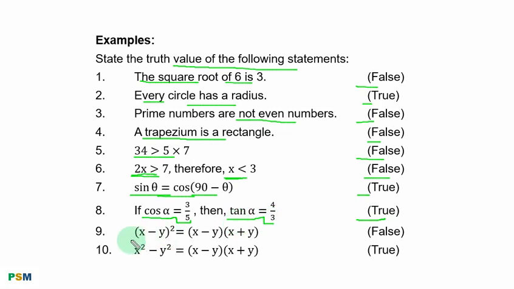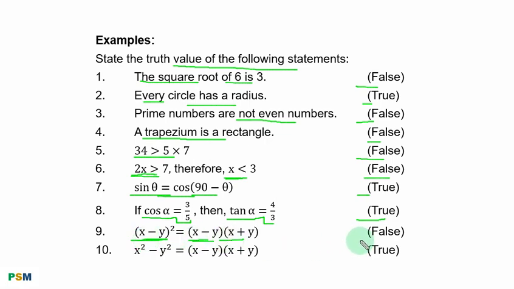9. (x minus y) squared is equal to (x minus y) times (x plus y). The result is for factorizing difference of two squares. This expression is not a difference of two squares.